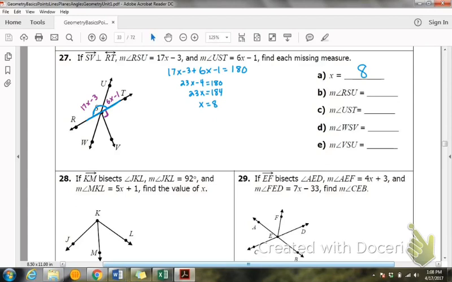Braxton, how am I going to find RSU if I know that x is 8? Excellent. We're going to plug it right in here for x. Okay, go ahead and do that. Figure out how much is RSU if you know that x is 8.